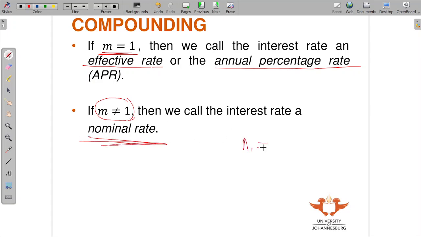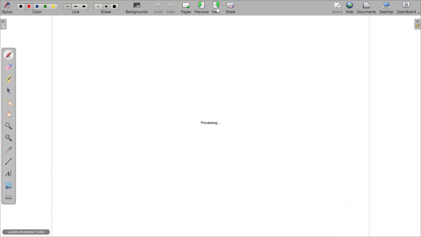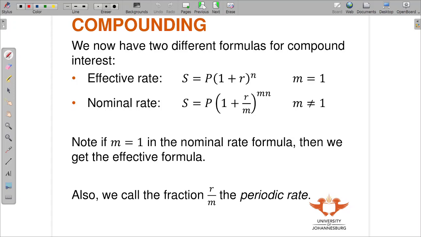For example, if m is 12, it's called the nominal rate. If m is 52, it's called a nominal rate. Any other rate apart from annually is a nominal rate.